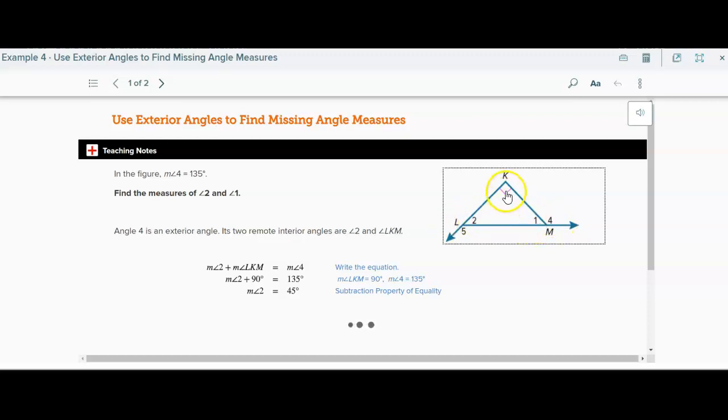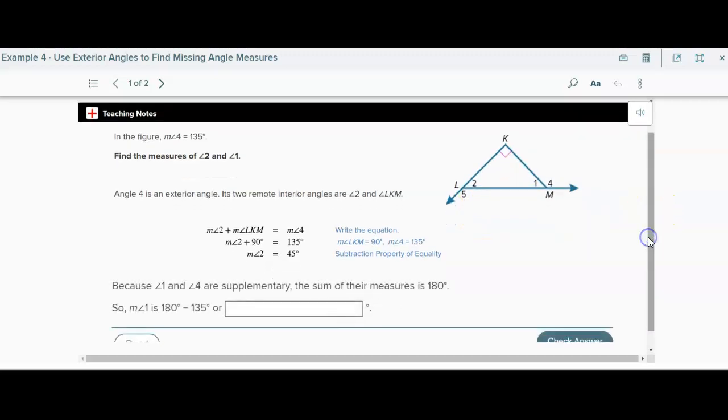Add up to 90 degrees. But let's look at this. Angle 4 is equal to these two angles together. This angle plus this angle, and we know this one's 90 degrees. So angle 2 plus 90 degrees equals this remote exterior angle 4. So angle 2 has to be 45 degrees, which means that angle 1 ends up also being 45 degrees.